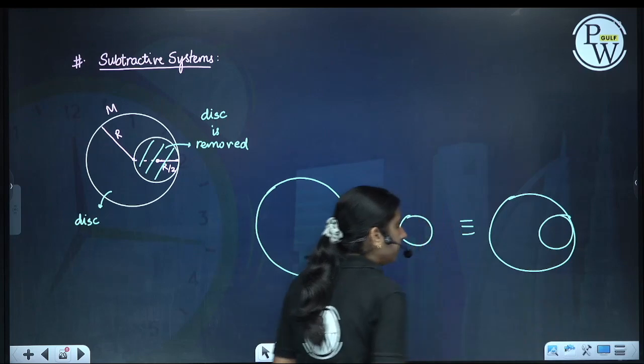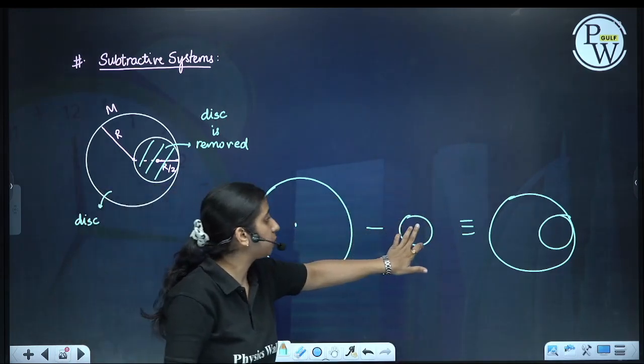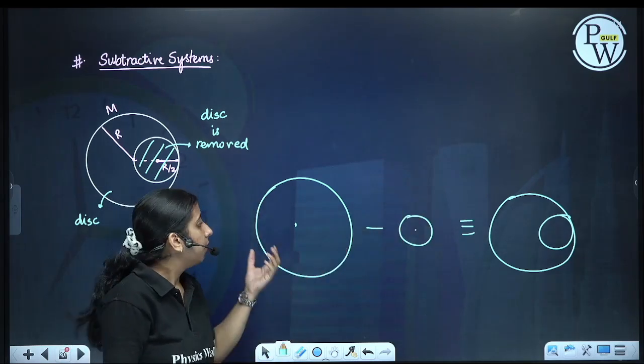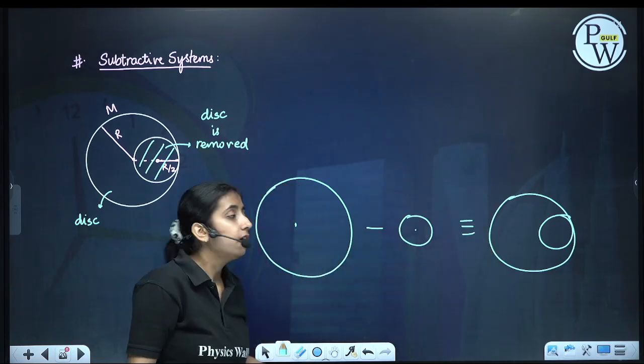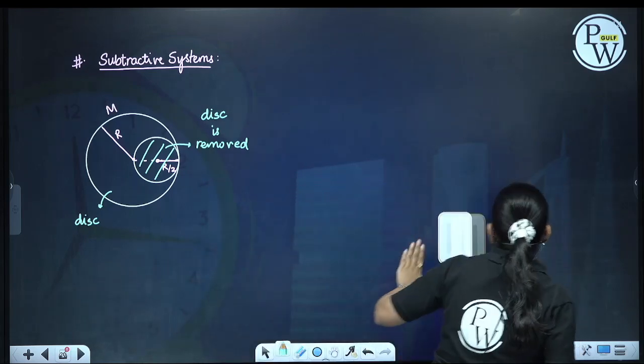If we take this center of mass as that of the removed portion, and take the removed mass as negative, we will get the remaining. So we will treat the removed mass as negative mass.